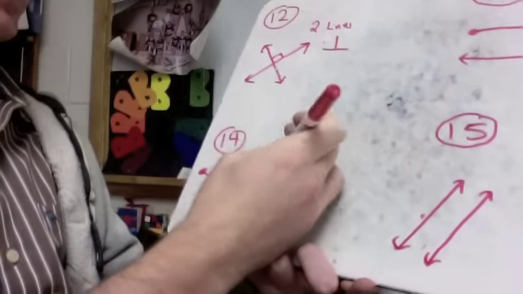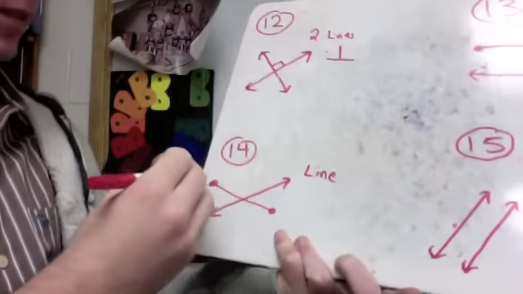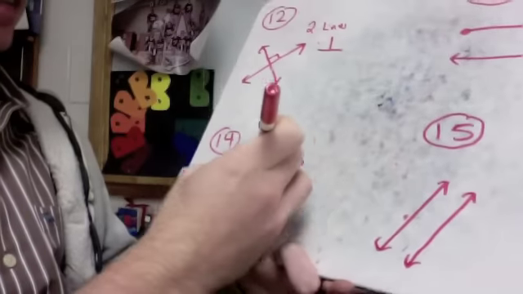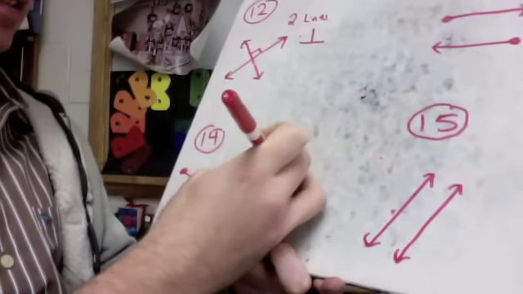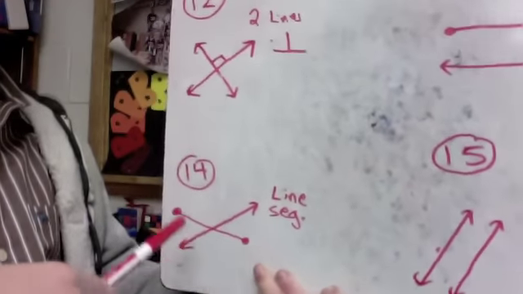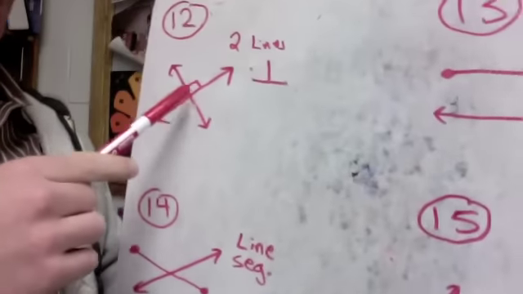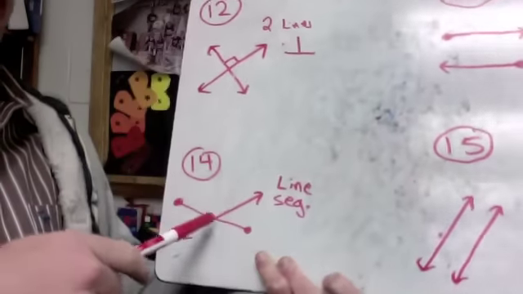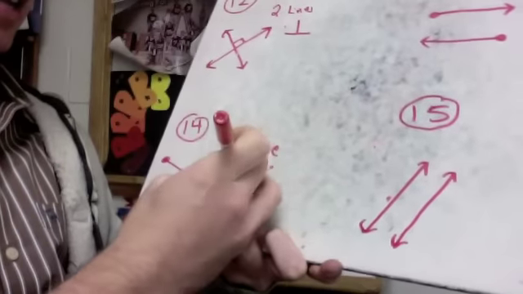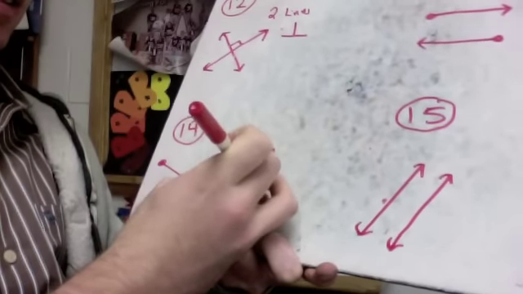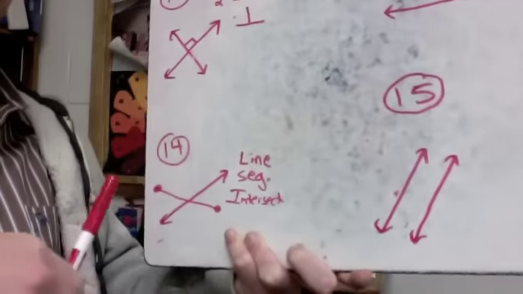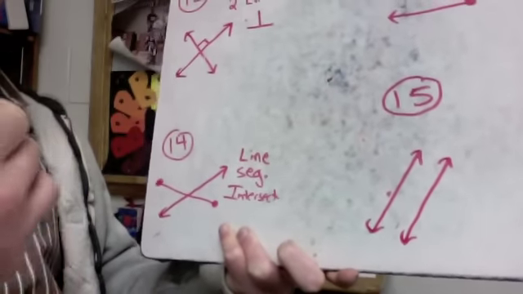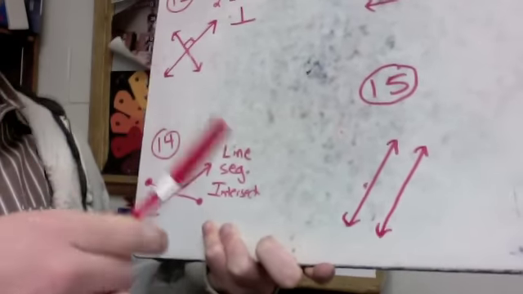This is the line, so we've got a line. This is a segment. We've got a segment. They do indeed cross, but not like up here. Up here we've got that square corner. Here we don't. So we would just say intersect for this one. They're intersecting, they're crossing paths.